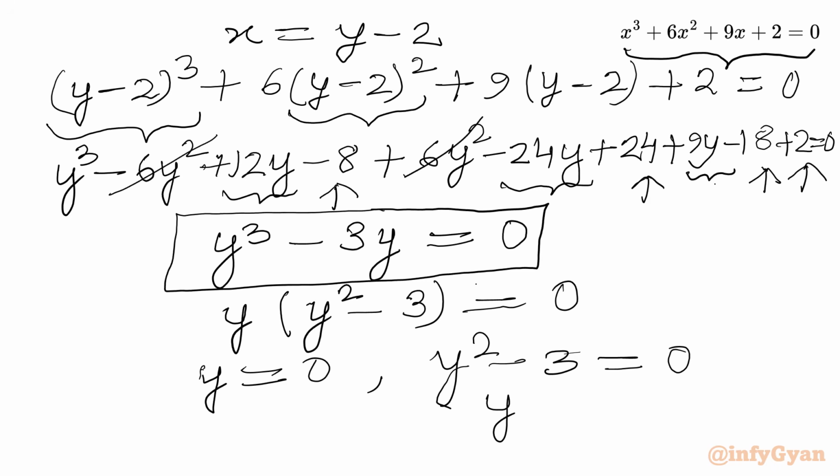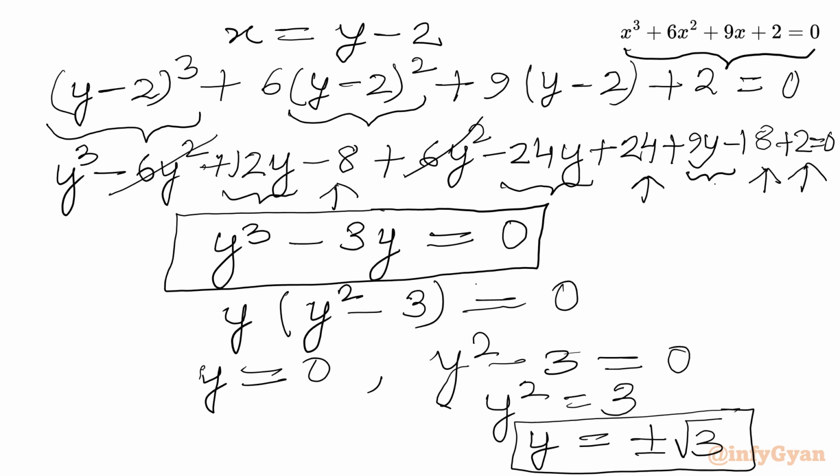By adding 3 both sides, we will get y square is equal to 3. And after taking square root both sides, we will get y equal to plus minus square root 3. So we have 3 solutions: y equal to 0, y equal to plus root 3, y equal to minus root 3. And y is our substitution.